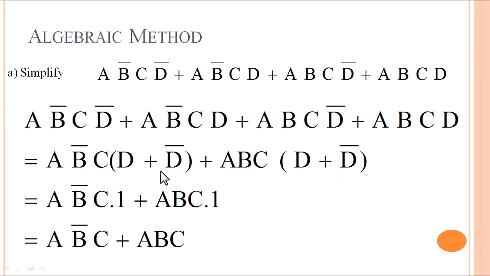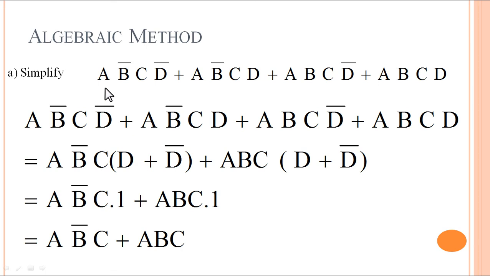So D plus D bar is equal to 1 here, and similarly D plus D bar is equal to 1. So it is A into B bar into C multiplied by 1 plus ABC multiplied by 1. Anything multiplied by 1 is that thing itself, by the properties of zeros and ones. So x multiplied by 1 is x. This is the simplest form that we have got.